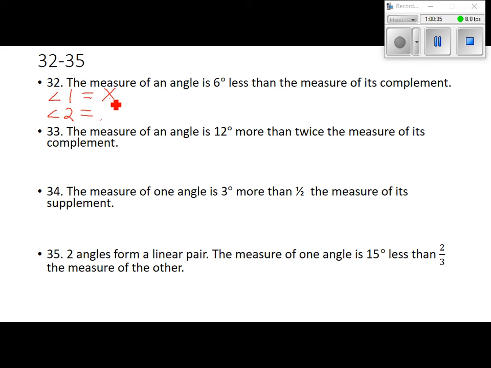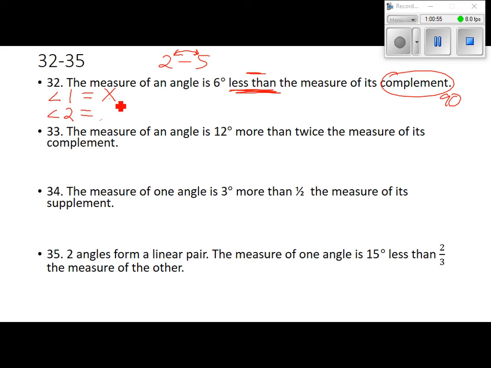We know that the two of them together, since they're complements, add up to 90. You've got to be careful with less than. If I say 2 less than 5, that doesn't mean 2 minus 5. Less than means to subtract, but you've got to switch these two around.